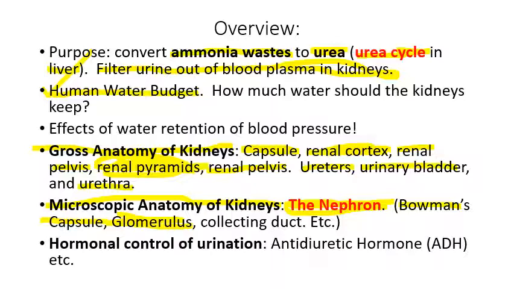If the blood goes through the glomerulus at a reasonably high pressure, it will squeeze the fluid out of the blood. So what happens inside the glomerulus is that a large portion of the blood serum is pushed out of the glomerulus, which is a capillary, into Bowman's capsule. So we keep the blood cells, but we force a whole bunch of the liquid out of the blood in the glomerulus.